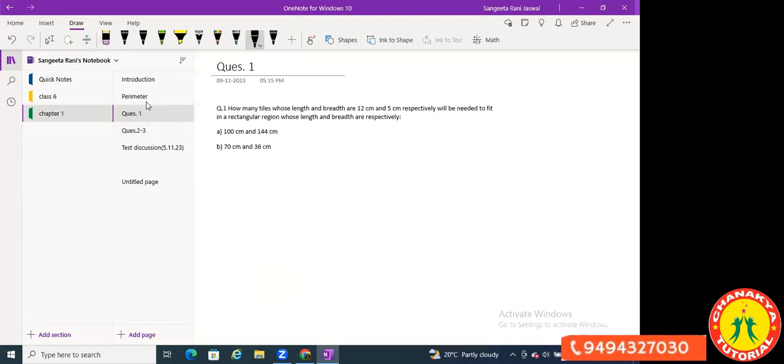No, it's area of the rectangular region upon the area of one tile. Now see, first look here. I'm doing the first part. Length of the tile is 12 centimeters. Whenever you have statement questions, you should always do with the statement.